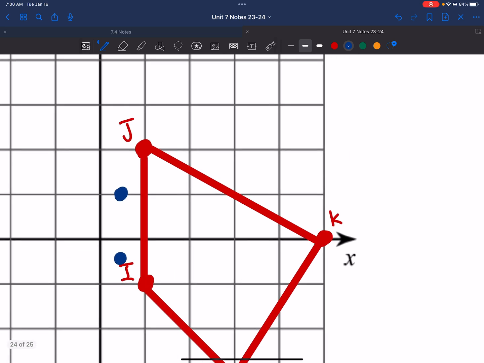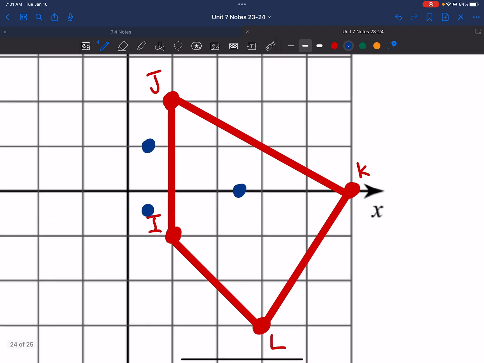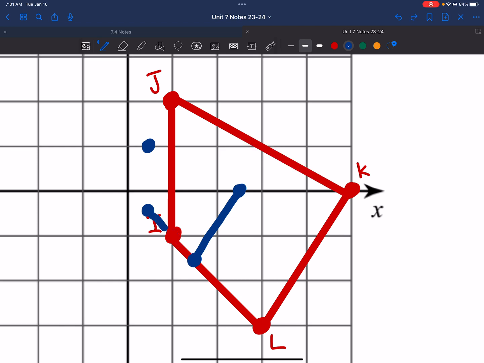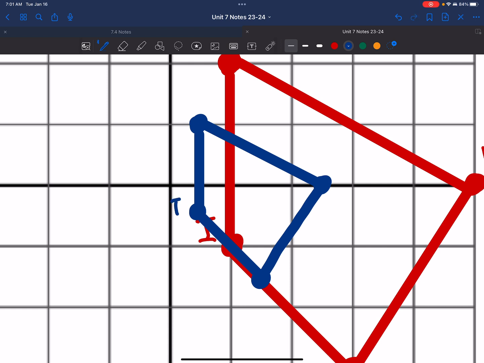K prime is at 2.5, 0. And L prime is at 1.5, -1.5, about right here. And then make sure I label each one of these points as well.